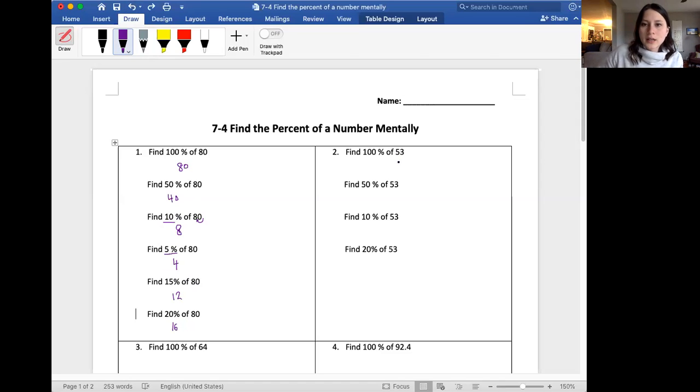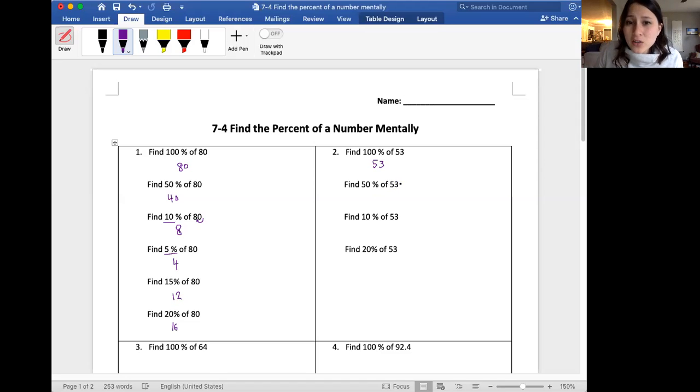Okay, I've got a number that doesn't look quite as easy to work with as 80, but I don't think we have as many percentages to do. So 100% of 53 is 53. 50% of 53. We need to think through what's 53 divided by 2. An easy way to think through this could be estimating. What's half of 50? Half of 50 is 25.